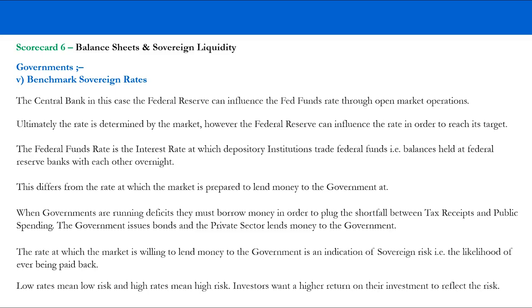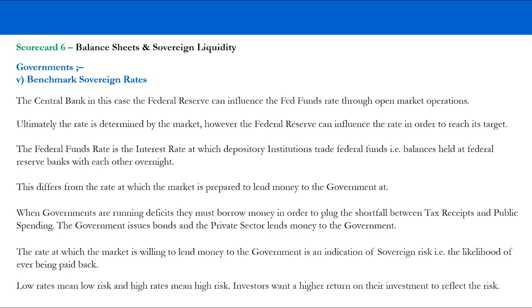Now, when governments are running deficits, they need to borrow money in order to plug the shortfall between tax receipts and public spending. And the government, to do this, will issue bonds, and the private sector lends money to the government. The rate at which the market is willing to lend money to the government is an indication of sovereign risk, i.e., the private sector gauging the likelihood of ever being paid back.